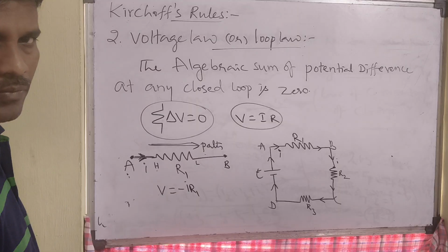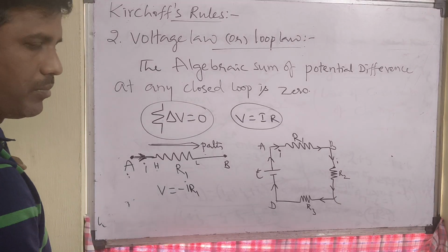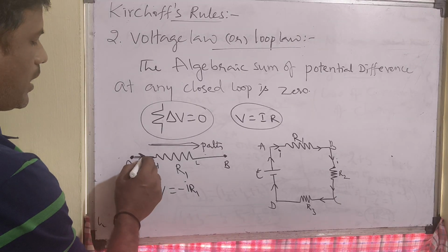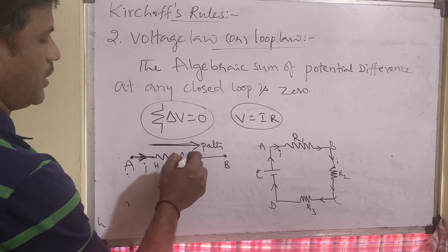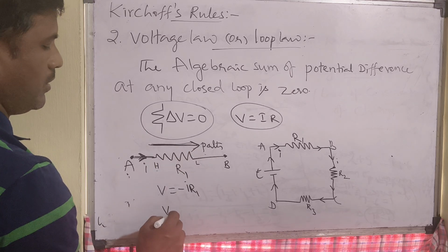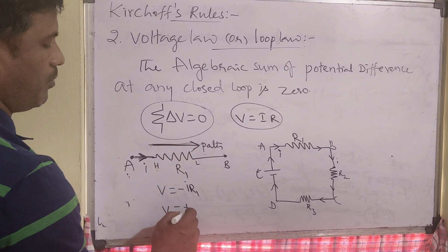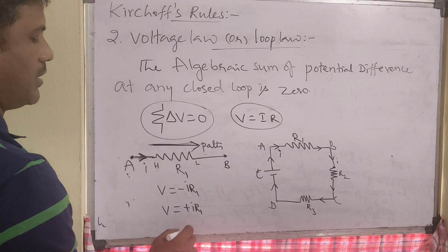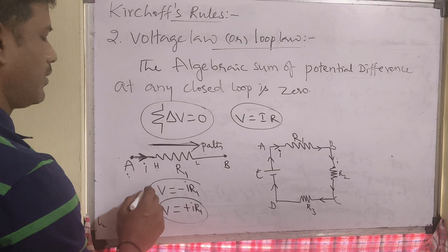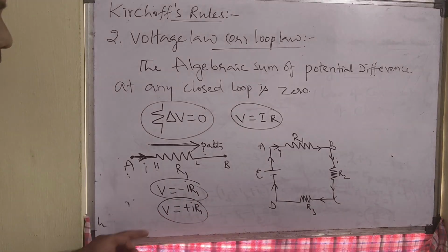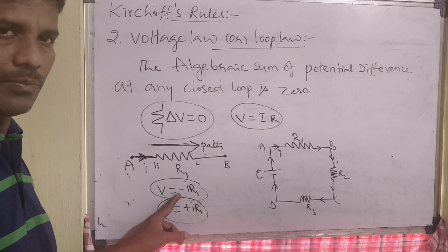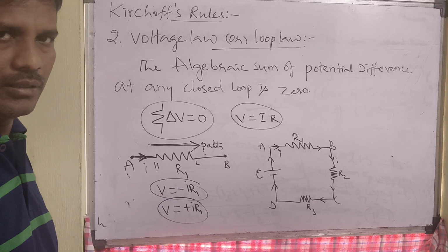That is the general rule. But in some books, when the current direction and path direction are both the same, V is equal to plus IR1 is considered. Both are correct, but according to the concept, minus IR1 is correct.